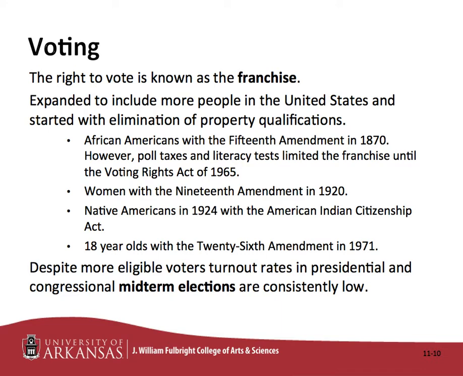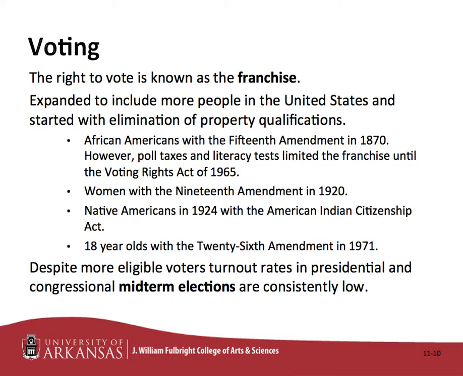Now, over the years, it has been expanded to include more and more people, with African Americans achieving the franchise with the 15th Amendment in 1870. However, especially in the southern states, there were poll taxes and literacy tests that were specifically put out to limit the franchise.